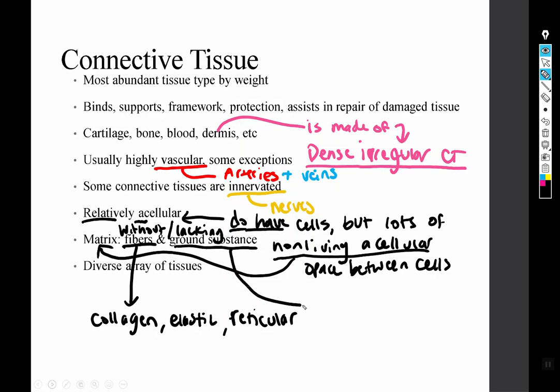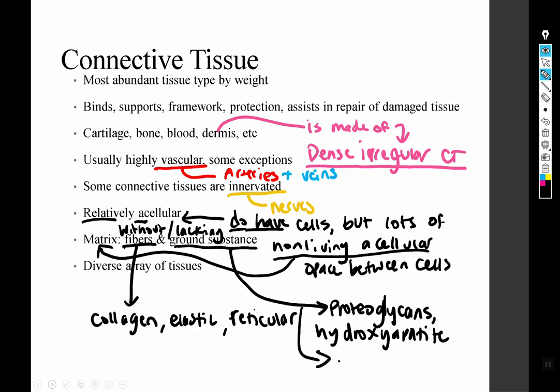So examples of ground substance can be proteoglycans. Trying to draw an L in there. There we go. So in cartilage, for example, it can be hydroxyapatite, which is the crystal mineral that makes up most of your bone. It can be just extracellular fluid, which I'm abbreviating as being ECF here.